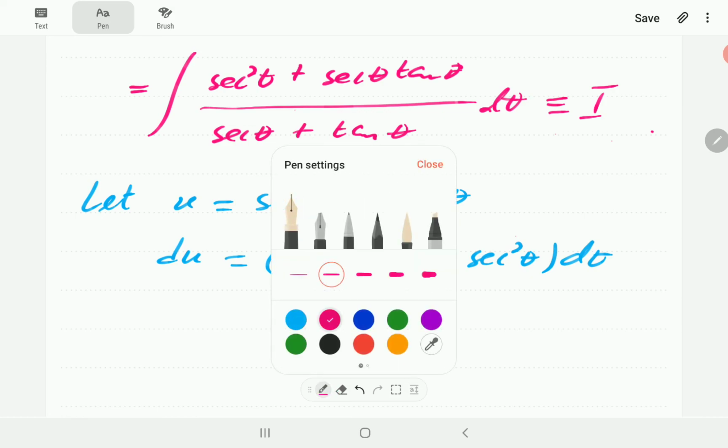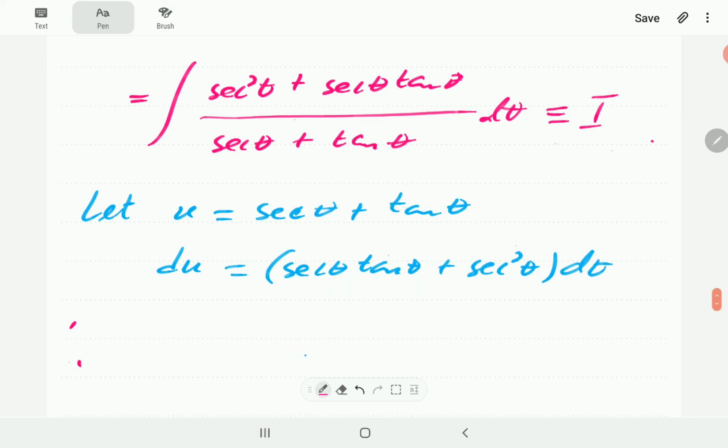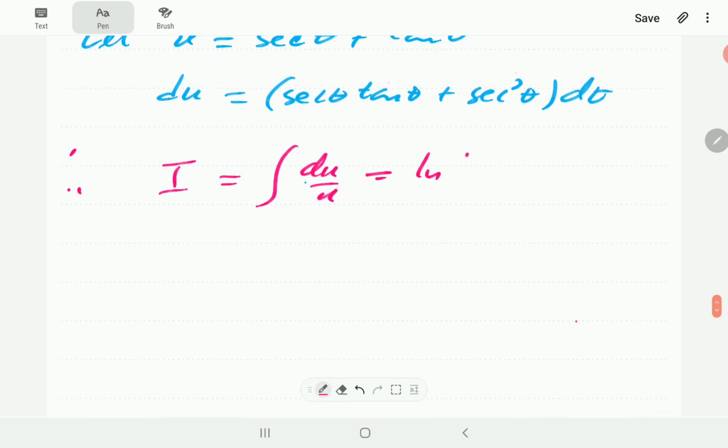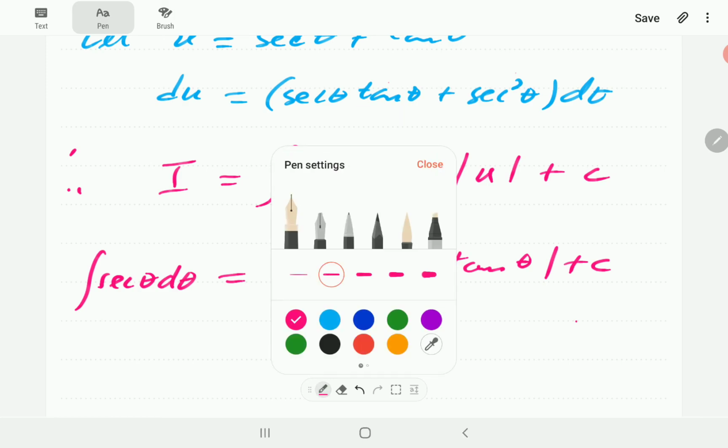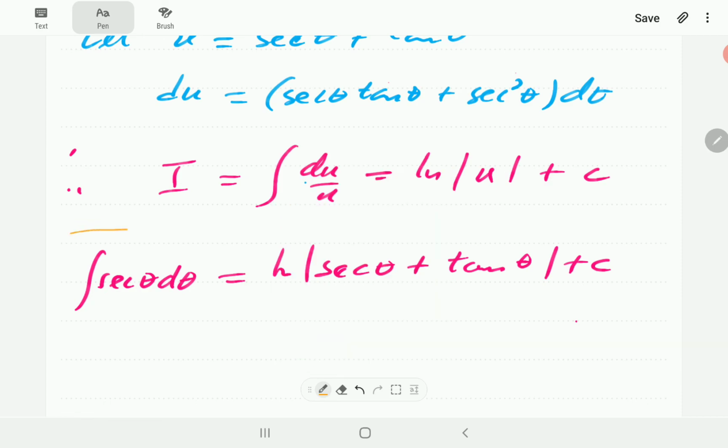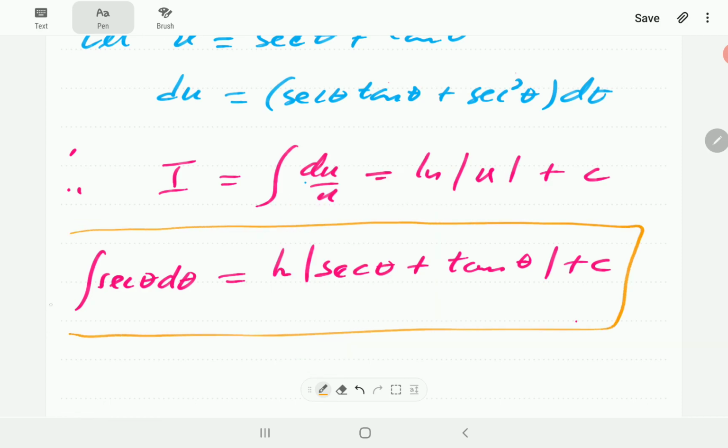And so our integral is just going to be the integral of du on u. So this is going to be ln of magnitude of u plus c. So that's ln of secant theta plus tangent theta. So again, this is another standard integral that you will want to memorize. In future, we are just going to use it without deriving.